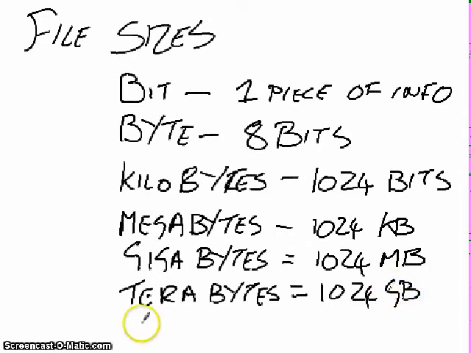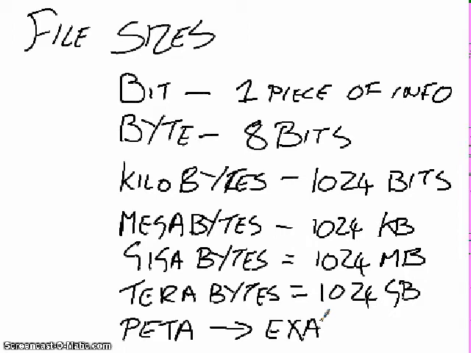The next one after tera is a petabyte, unless I'm running out of page, and after that it's an exabyte. And they're always 1024 of what's gone before. So as long as you can remember what went before, it's 1024 of it.